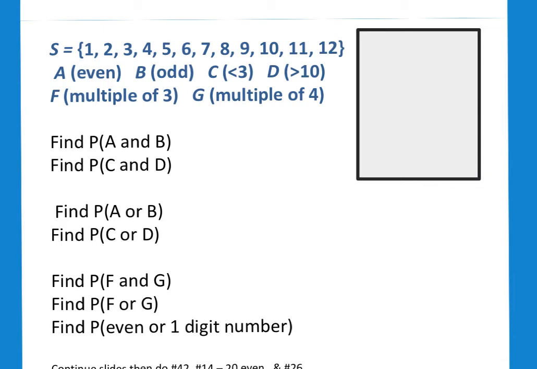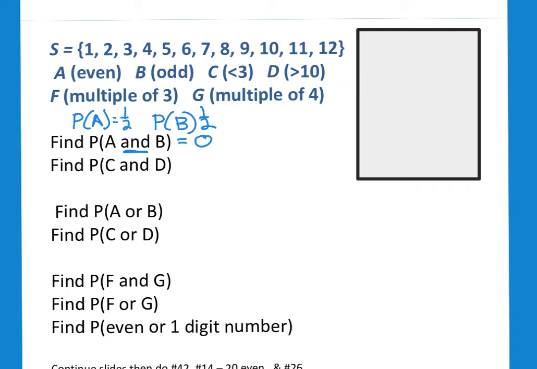So find the probability of A and B. Well, the probability of A is 1/2, and the probability of B, finding an odd number, is 1/2. So the probability that you draw a number and it is both A and B, both odd and even, is actually 0.